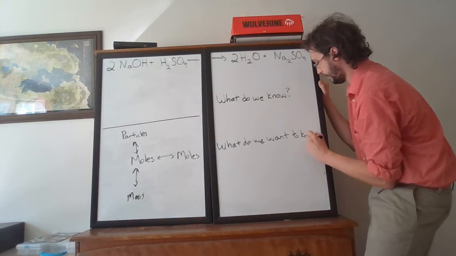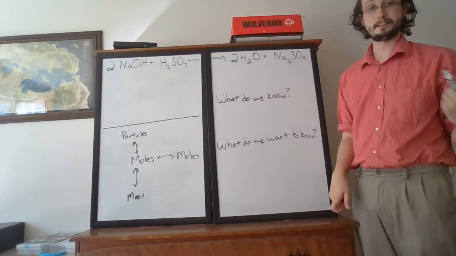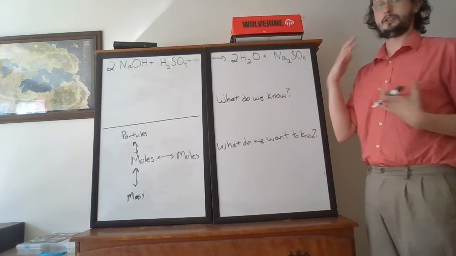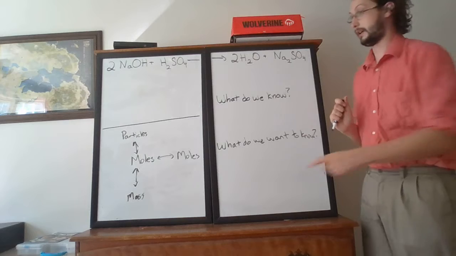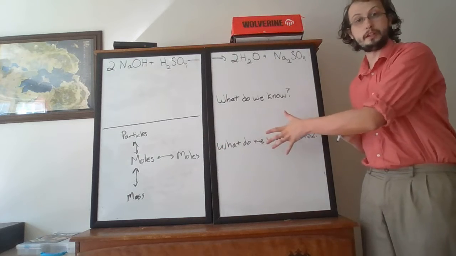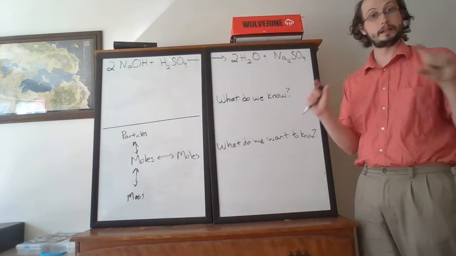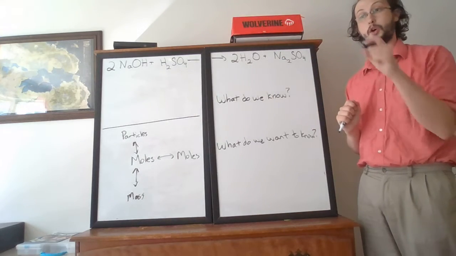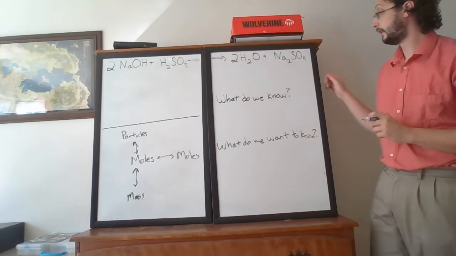This is another way to break down these problems. These problems today are actually very similar to the ones in the last lesson, so you could give them a shot before I even go over it and see if you can get it right just by using this flow chart. But I'm going to start here, we're going to use the flow chart, and then we're going to solve the problem. The problem's written out in the assignment document, so if you haven't already, go and pull up the practice moles to mass stoichiometry assignment.